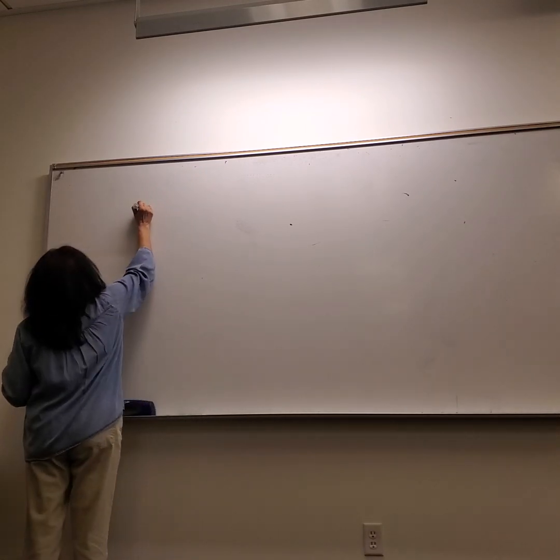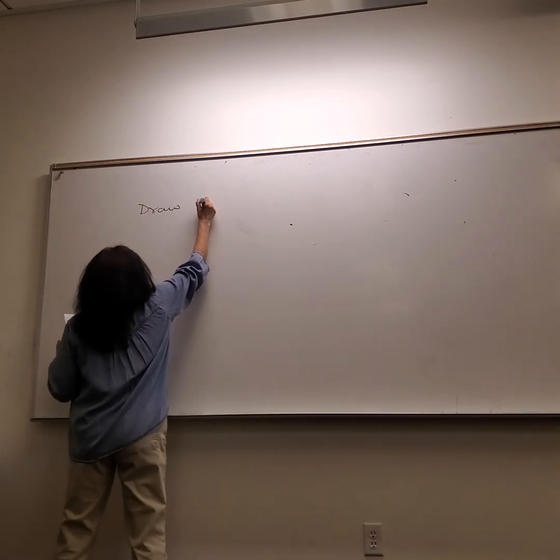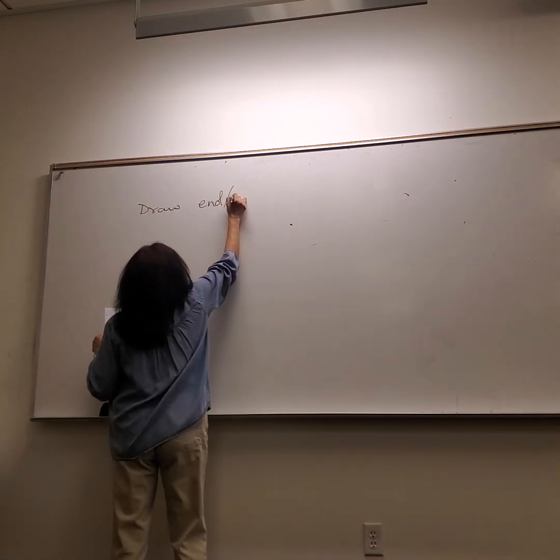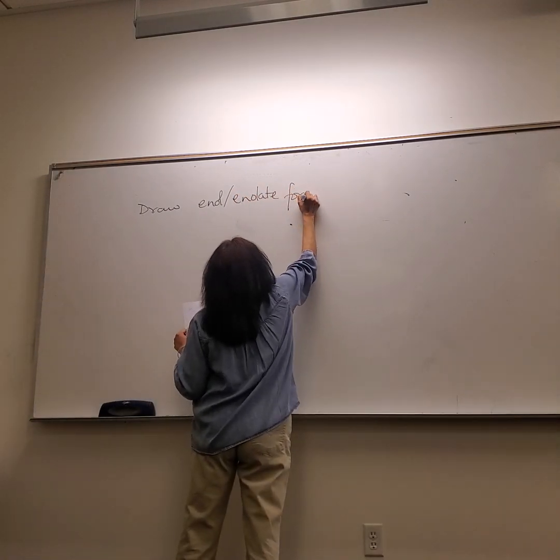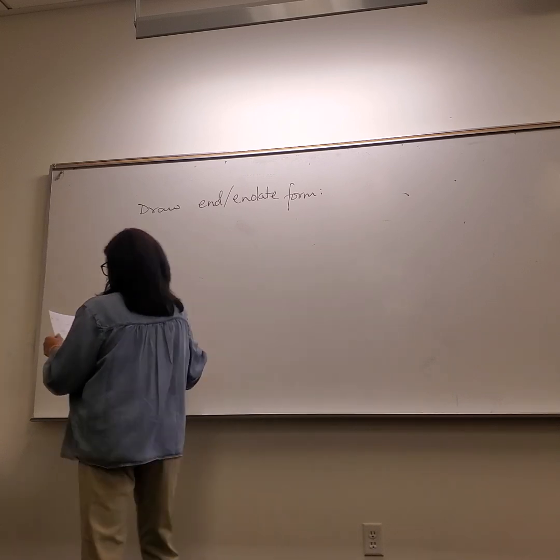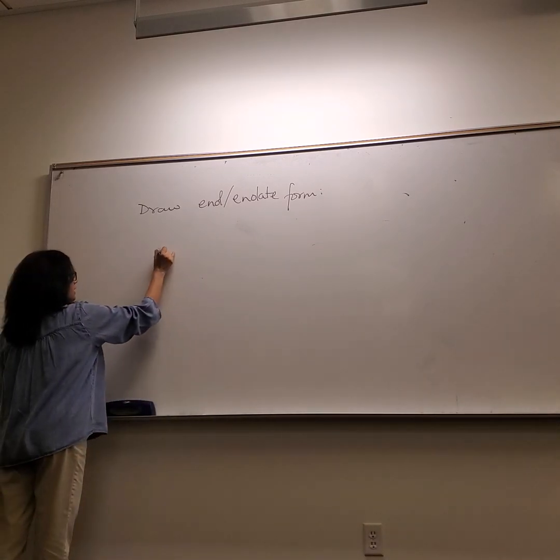So draw either the enol form or the enolate form for each of these substances.